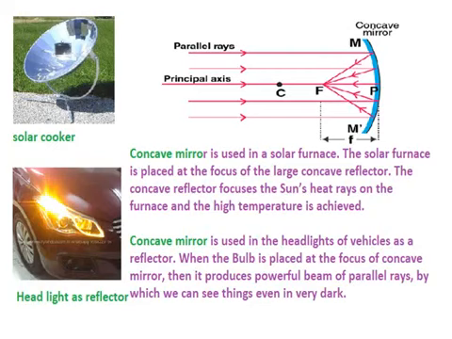When the bulb is placed at the focus of the concave mirror, then it produces a powerful beam of parallel rays by which we can see things even in the dark. So these are the two applications when the object is kept at F of a concave mirror. So this is also an important question as far as the CBSE exams are concerned.